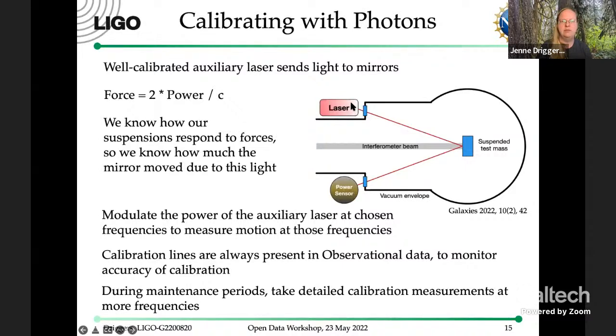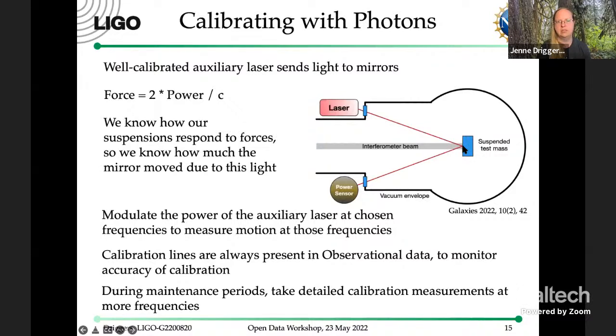But here we have a very, very extremely well calibrated laser from our National Metrology Institute here in the United States, which is NIST. So they have told us with very exquisite precision how powerful this laser is and what the amplitude of this laser light is. So we know very, very precisely how many photons we are hitting our mirror with.